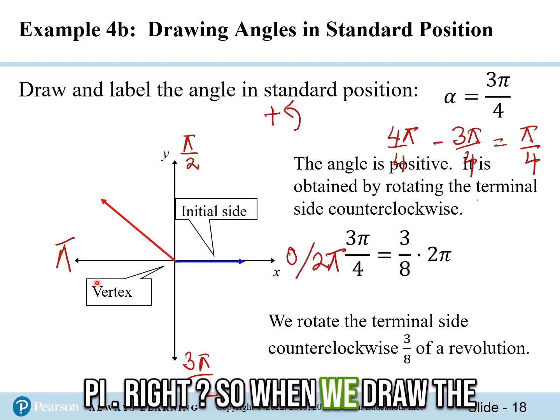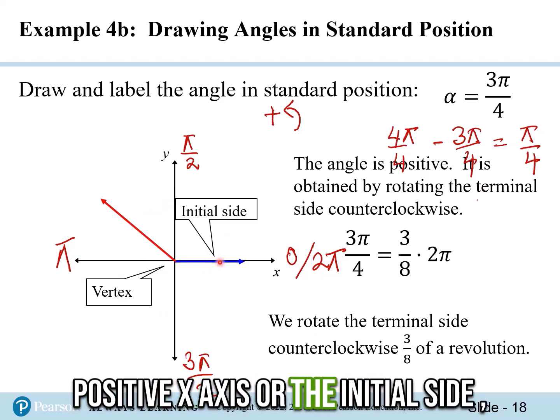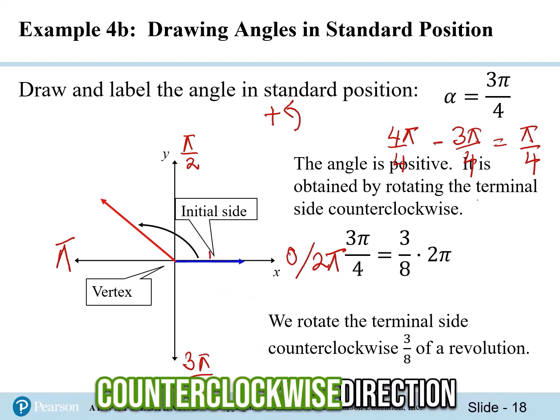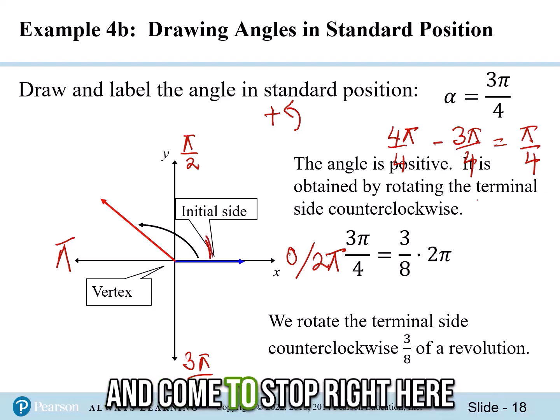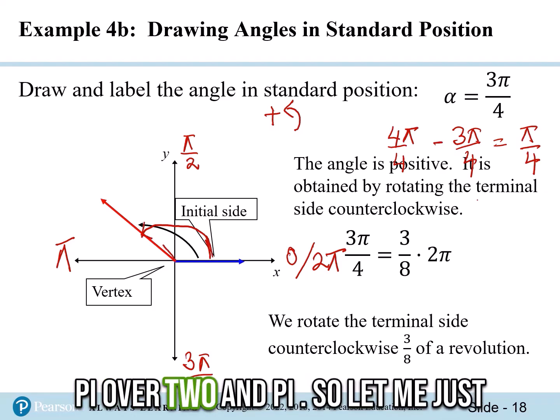So when we draw the angle, we will start from the positive x-axis or the initial side, and then the terminal side has to rotate in the counterclockwise direction and come to a stop right here midway between pi over 2 and pi.